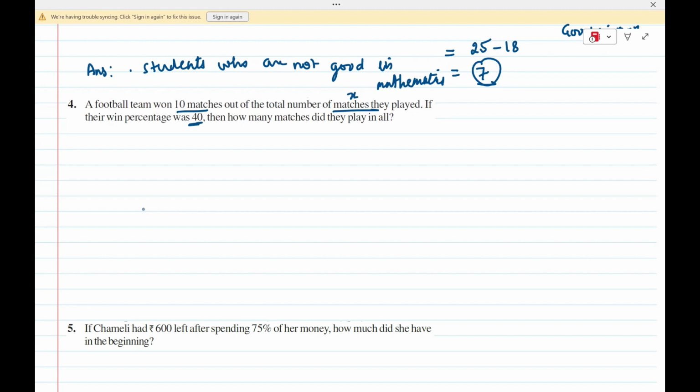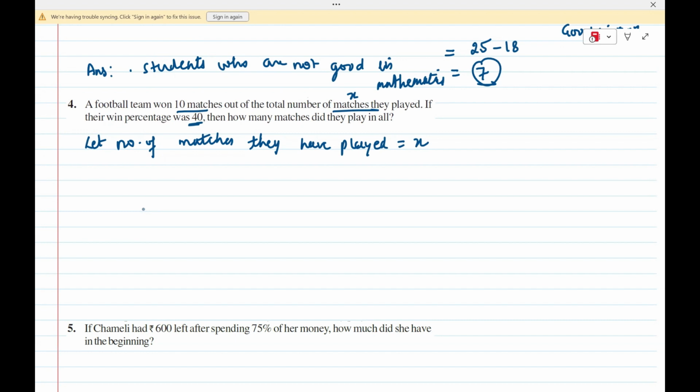So I need to calculate X. So whichever quantity you need to calculate, assume that as X. So what will be the statement? Let the number of matches they have played be X.